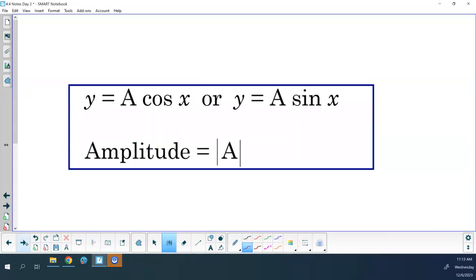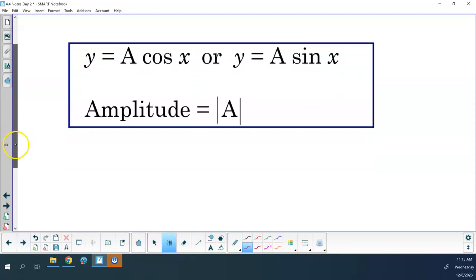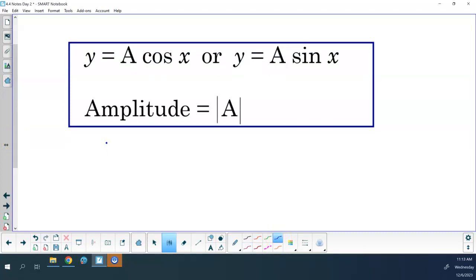Our A value is going to represent the amplitude. So that's the vertical distance, again, from the middle to the high, or the middle to the low.